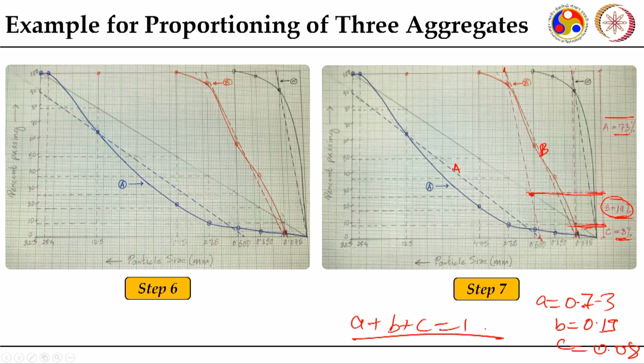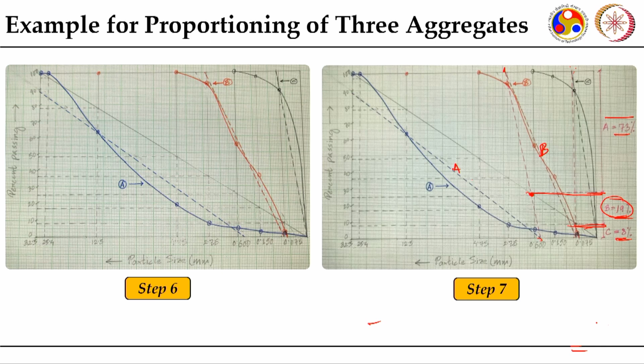So this is the way you can attempt. For different materials, when you do soil stabilization also, in those cases also you do this blending of different materials together to arrive at the desired proportioning.